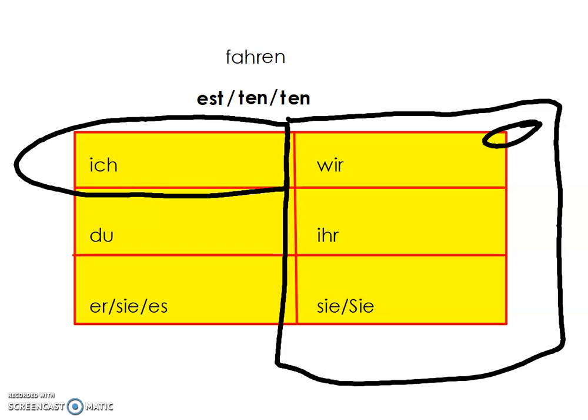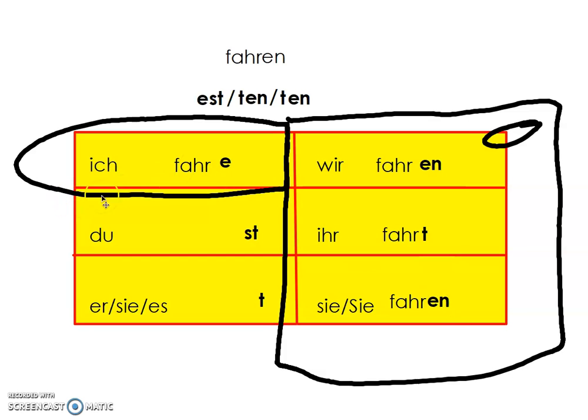Now, we are still going to use the stem of our verb to conjugate the ich form, the wir form, the ihr form, and the sie form. And we're still going to use our endings, S1010, so E for the ich form, ST for the du form, T for the sie, es form, EN for the wir form, T for the ihr form, and EN for the sie form.